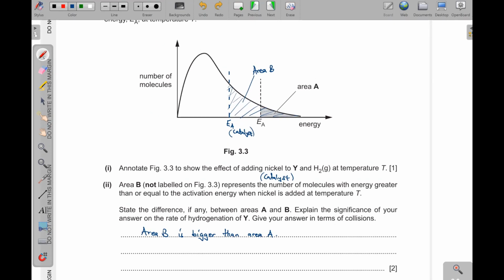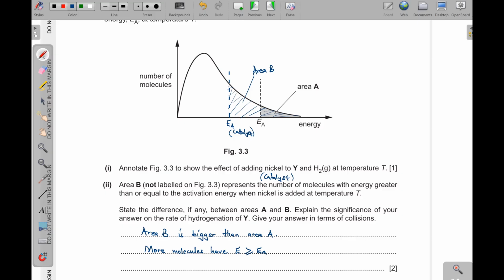Now, if you're having these particles which have energy greater or equal to the activation energy, you are going to have, first of all, more molecules. You can see the area is bigger. More molecules have energy greater or equal to activation what?